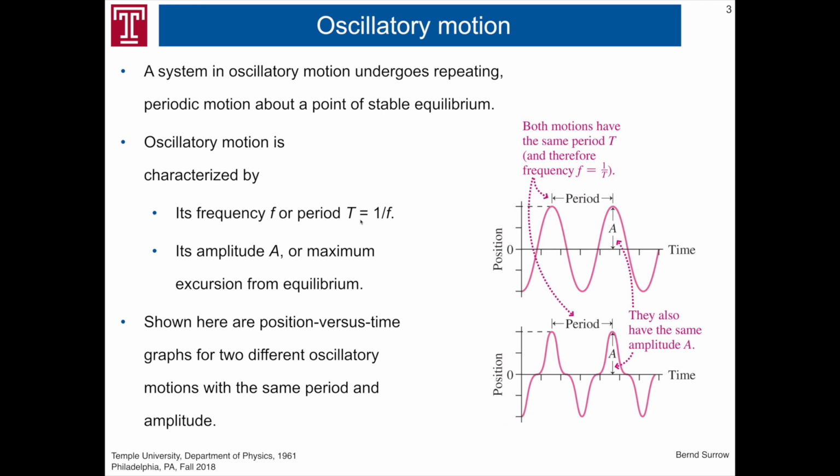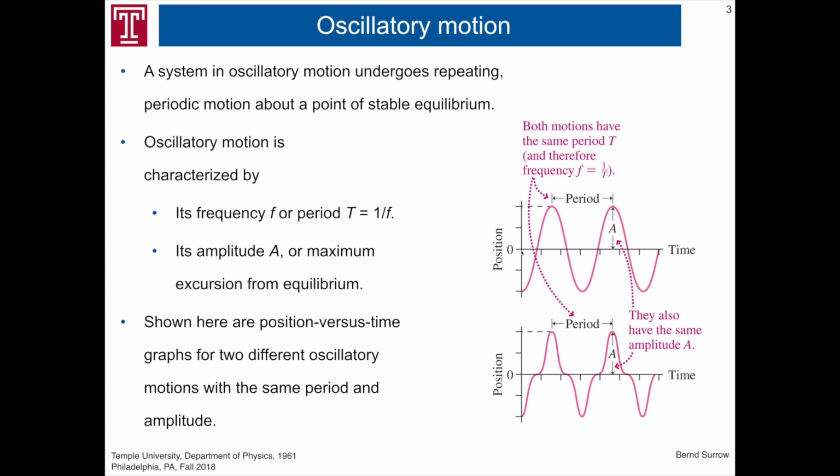And how far the mass moves relative to the equilibrium location, so how much you compress or stretch that spring initially, that is referred to as the amplitude, or the maximum deviation from the equilibrium. If you plot position as a function of time, you see exactly that periodic behavior.